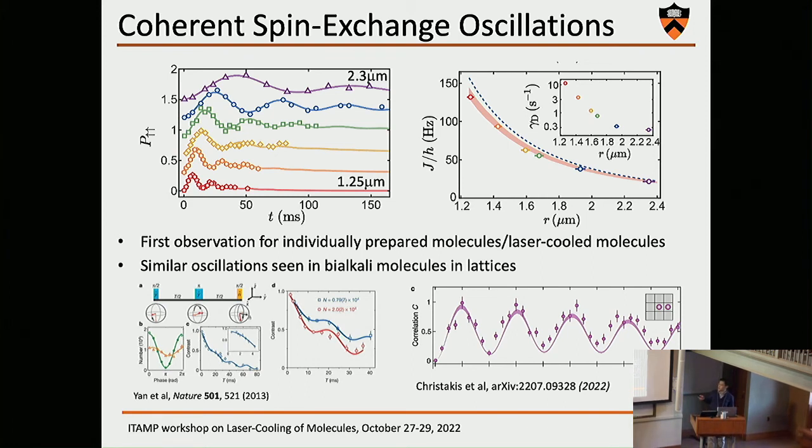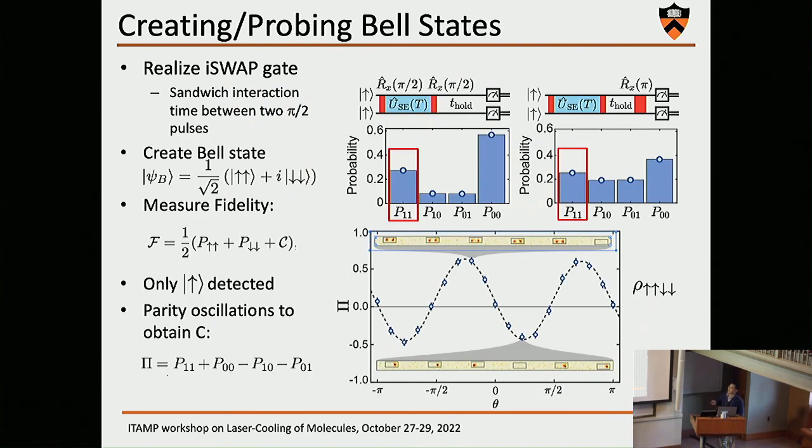So with these dipolar interactions, we next try to make a 2-qubit gate to entangle molecules. If you look at these oscillation curves, if I just stop exactly halfway up the first wiggle, this actually creates a Bell state.